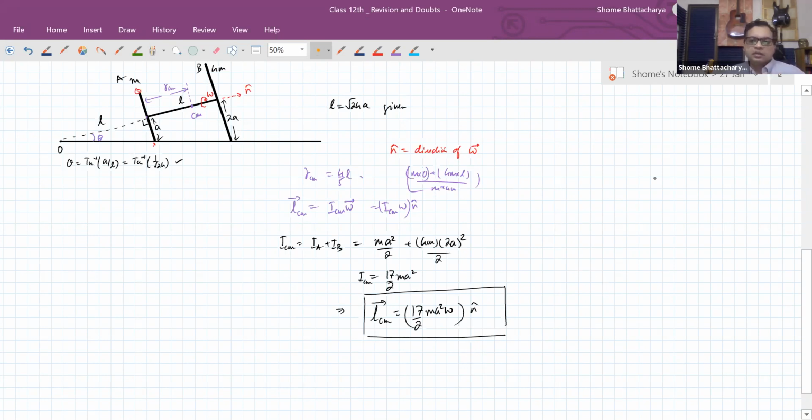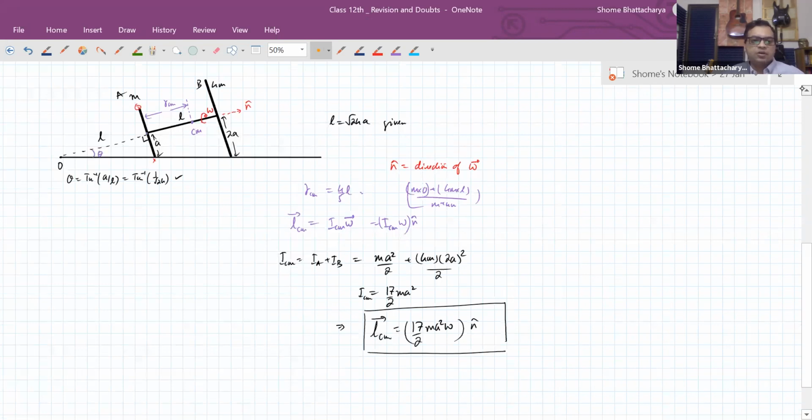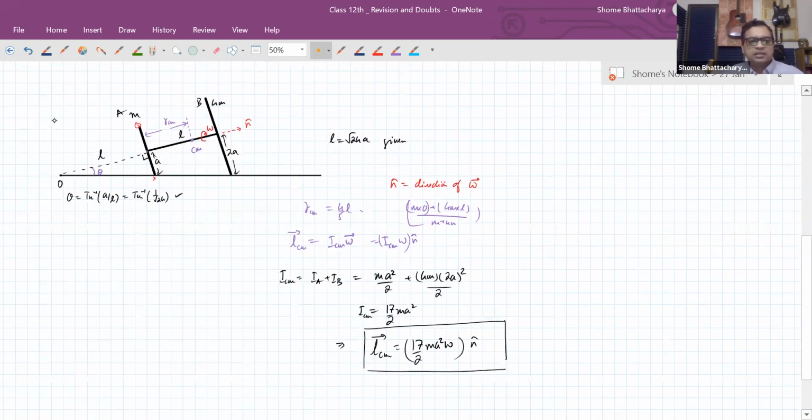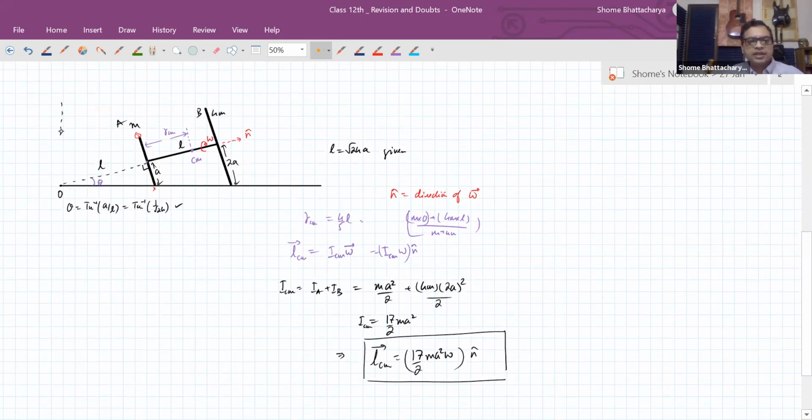Later we will need the z component of this, where the z axis is clearly shown to us, this vertical axis passing through the point O. So this is our z axis. Now we need to calculate the system's angular momentum about this point O. That will be what?